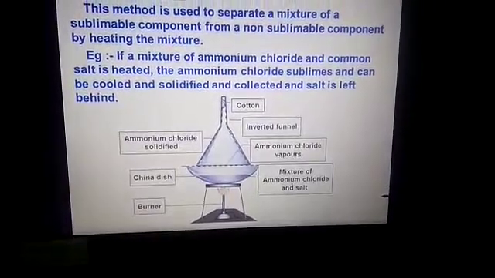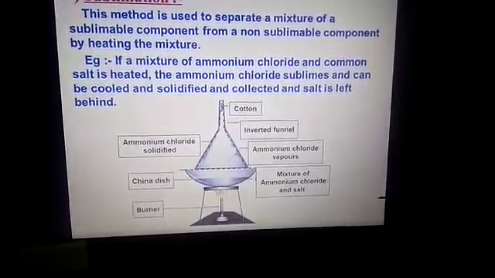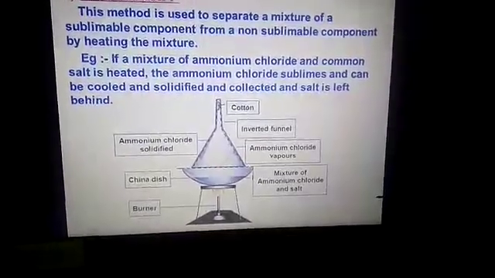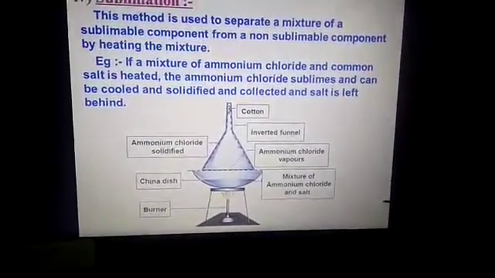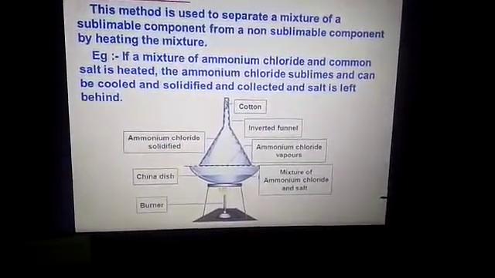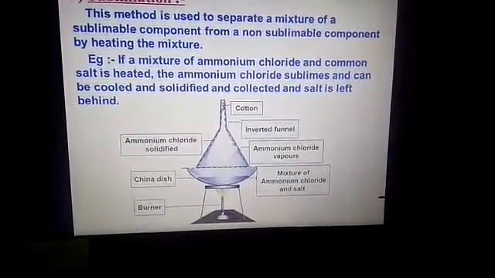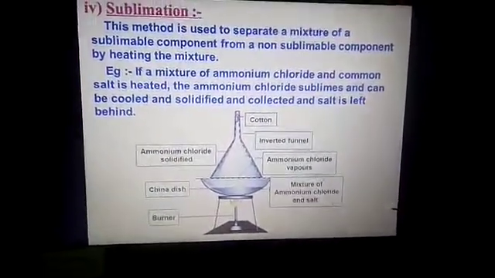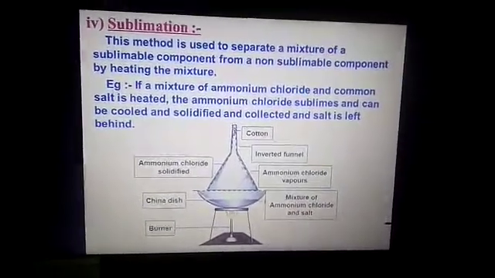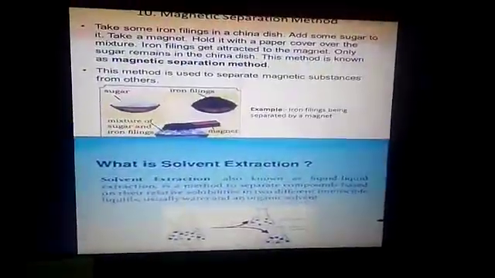Ammonium chloride vapors will form. On the top, a cotton plug is kept on an inverted funnel. The solidified ammonium chloride can be observed on one side in the sublimation technique.